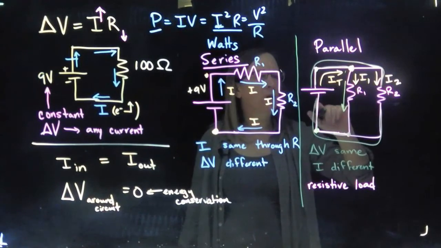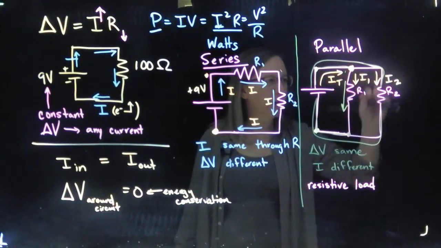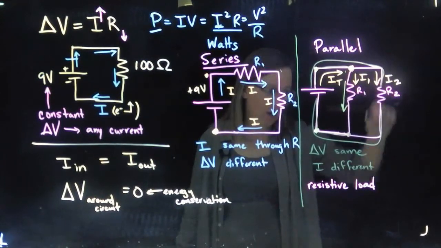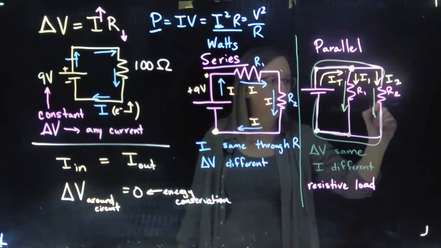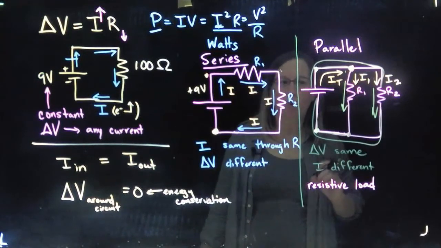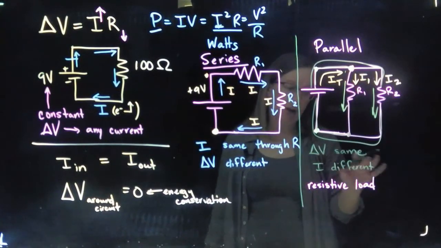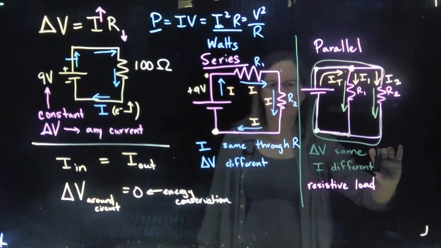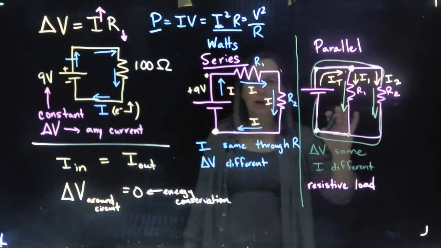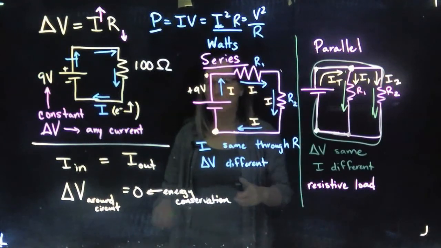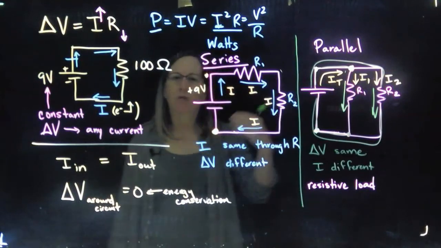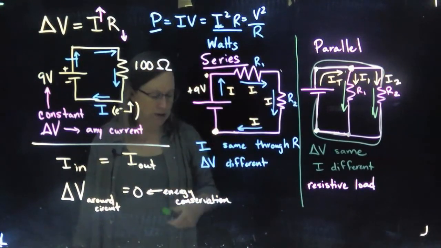But if I go and take this path over on this side, then I must drop 9 volts on this second arm right here. So they do have the same voltage drop. We have different currents. So we're going to use these pieces then to set up how we can work with resistors in parallel and in series, this idea of equivalent resistance, just like we did with the capacitor.